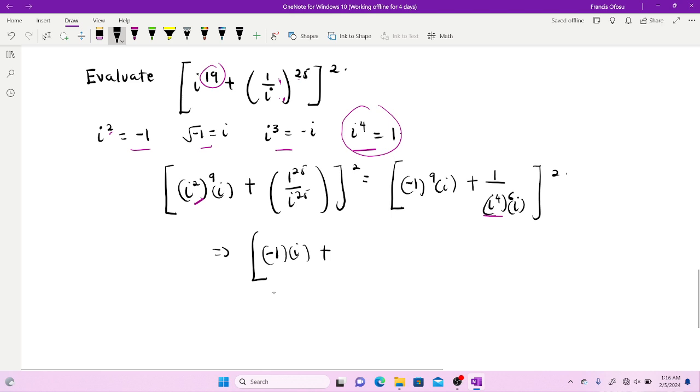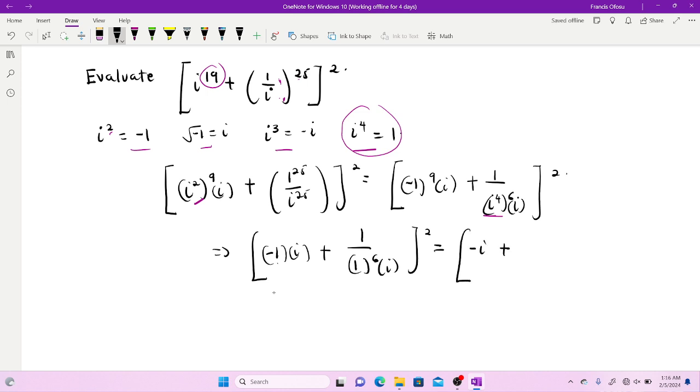So I'm going to get the expression 1 over 1 to the power 6 multiplying i, then squared. So this will be equal to, when I multiply -1 by i, I'll be getting -i plus 1 over i, all to the power 2.